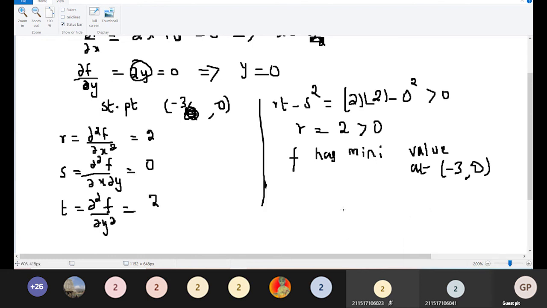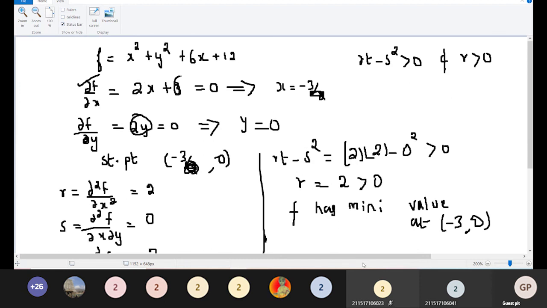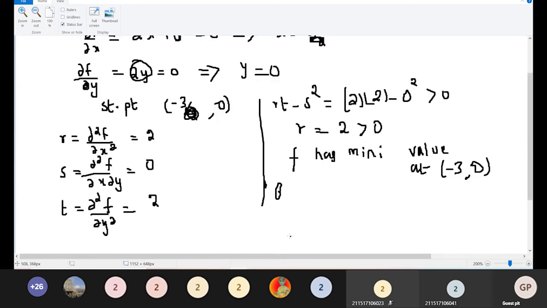So what is the minimum value? Substitute in the given function. So f of -3, 0: x square, so -3 whole square, y square value 0, plus 6 into x value, that is -3, plus 12.